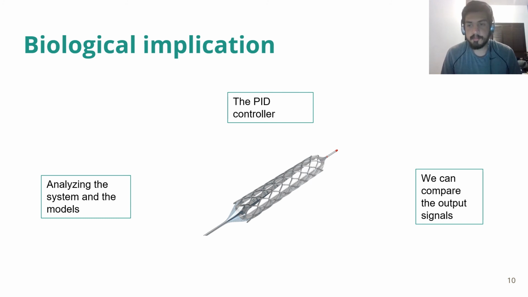For this project, I think we can apply this model to, for example, a stent, because what stents do is replace the arteria and help let the blood flow pass and make the pressure normal.